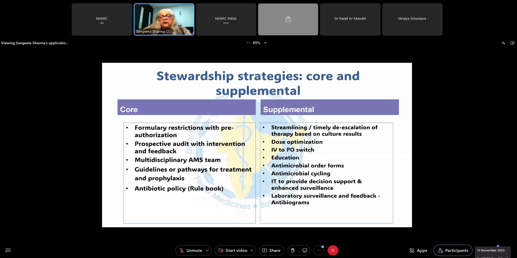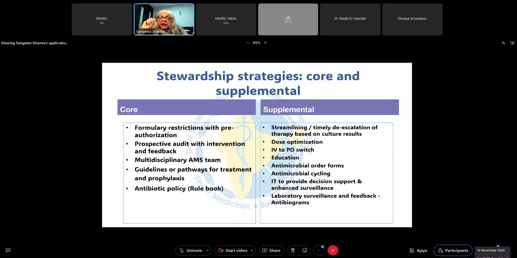We can't say I'm doing it because somebody else is not doing it properly, so it gives me a license to do it the wrong way. No, it is not like that. All of us have a shared responsibility to see how we can optimize the use of antimicrobials.